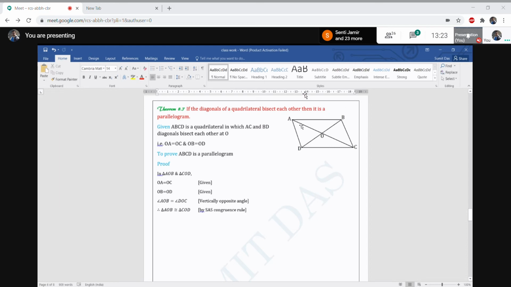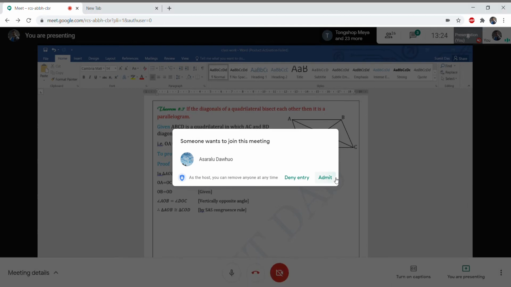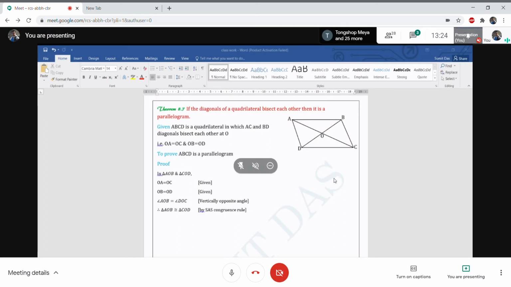And angle AOB and angle DOC are vertically opposite angles. We can see easily, right? So they are equal. Vertically opposite angles are equal. So in these two triangles, how many things are equal? Two sides are equal and an angle is equal, right?